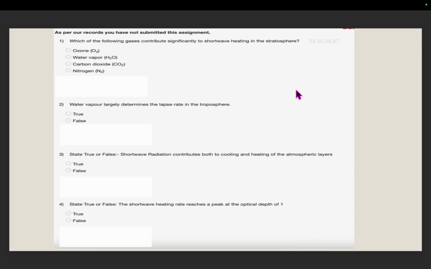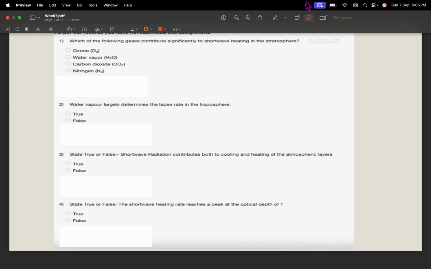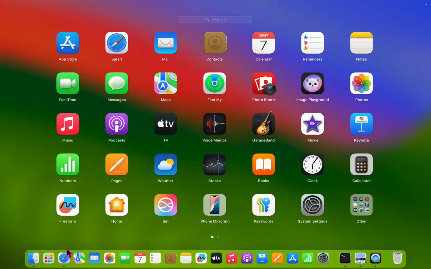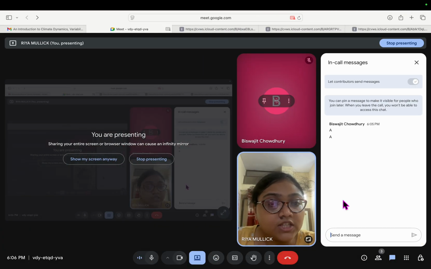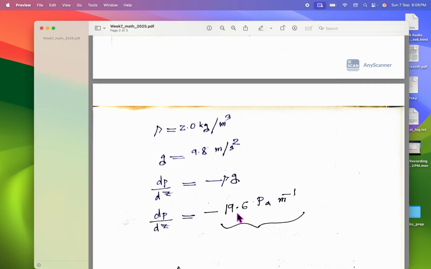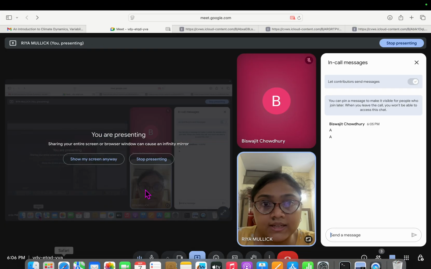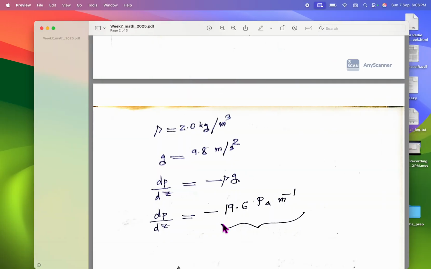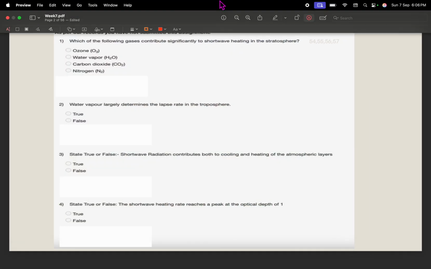Is this statement true or false? Water vapor is the main component which determines the adiabatic lapse rate. In the troposphere the content of water vapor is high. So this statement is true.